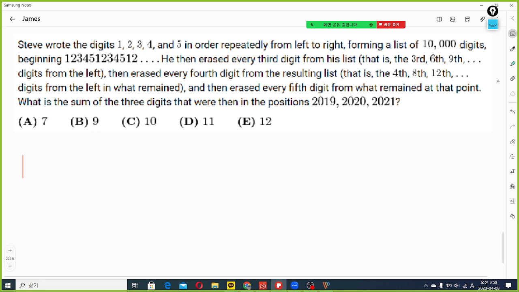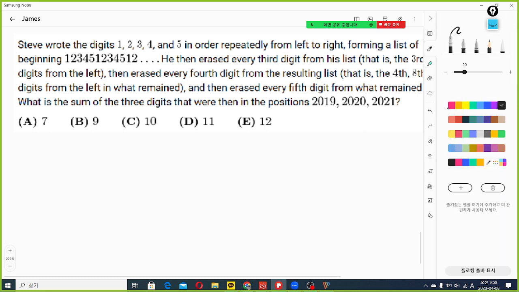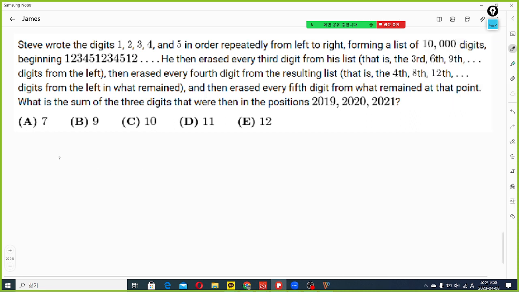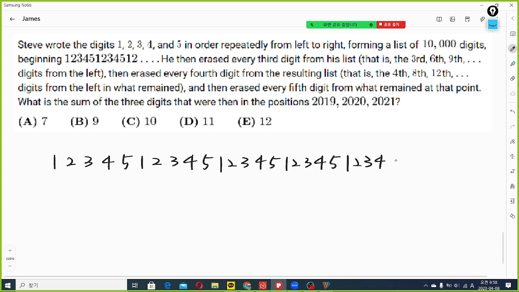Yeah, so in this problem we can make the simulation. Because the LCM among 3 and 4 and 5 is 60, we can try the first 60 numbers and see what happens.